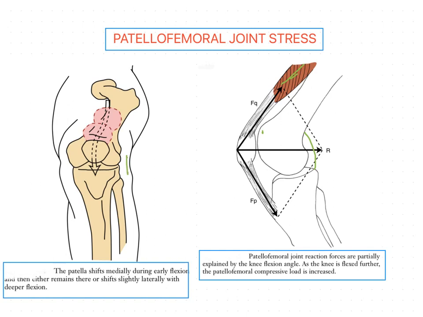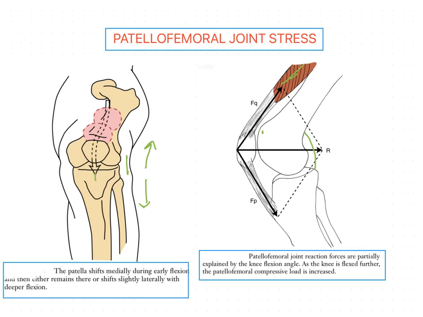The patella is pulled superiorly by the quadriceps tendon, with the pull resisted inferiorly by the patellar tendon. So that means during flexion and extension of the knee, there is a pulling of the patella superiorly, and this is resisted by the patellar tendon.